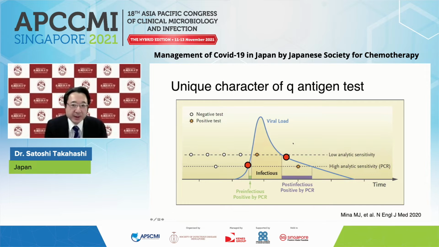Our data shows the quantitative antigen test is like this. We can detect SARS coronavirus 2 at a viral load of about CT value 38 of real-time PCR.